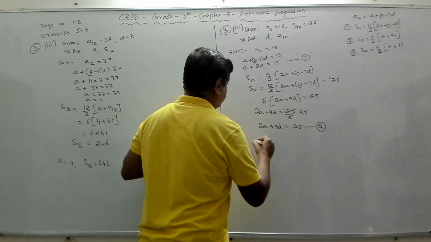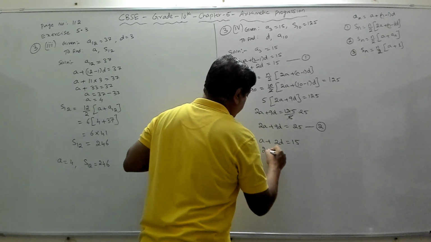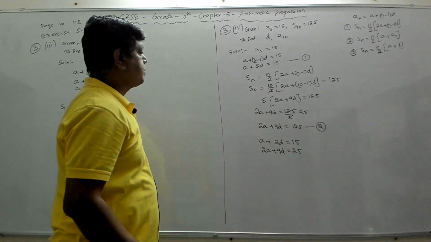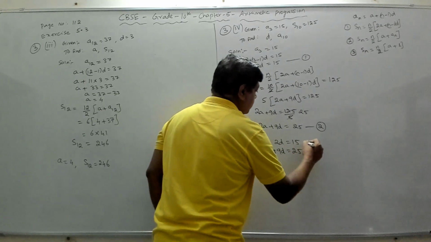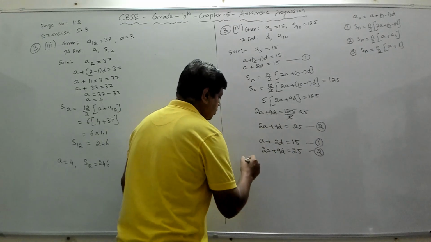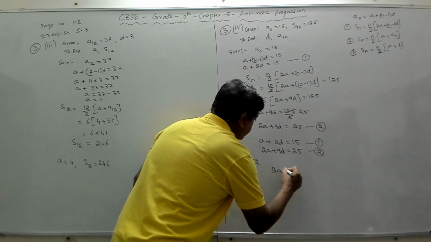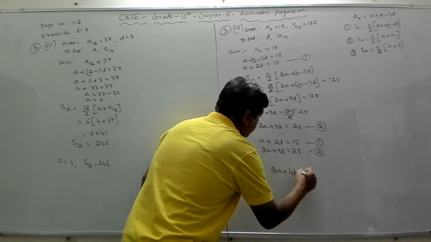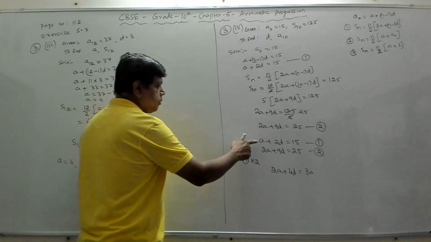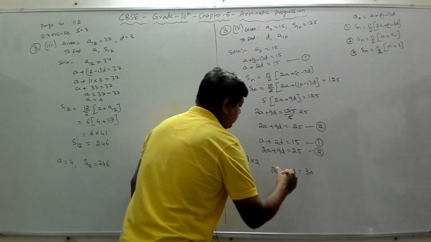Now let's solve this. The first equation is A plus 2D equal to 15, and the second is 2A plus 9D equal to 25. We can multiply the first equation by 2, so each term is multiplied: 2A plus 4D equal to 30. The second we write as it is.